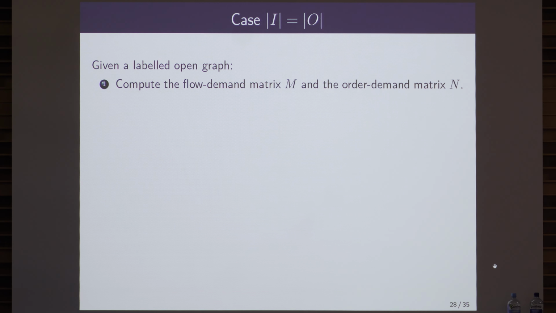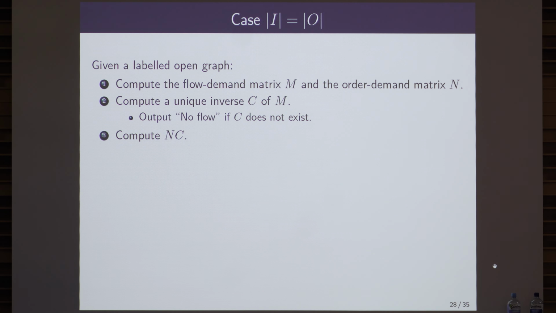We can just compute the flow demand matrix and order demand matrix, which are easy to construct. Then we can compute the unique inverse, or output that it doesn't exist, so there cannot be flow and you cannot perform the computation in a deterministic way. Then you can compute another matrix product, and based on that, you can check whether it is a directed acyclic graph, that is, whether we get something that gives rise to a valid partial order in which we would measure the qubits.